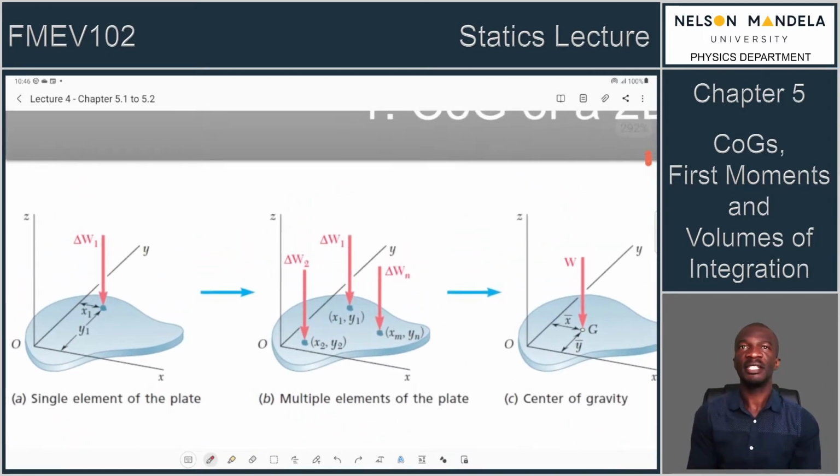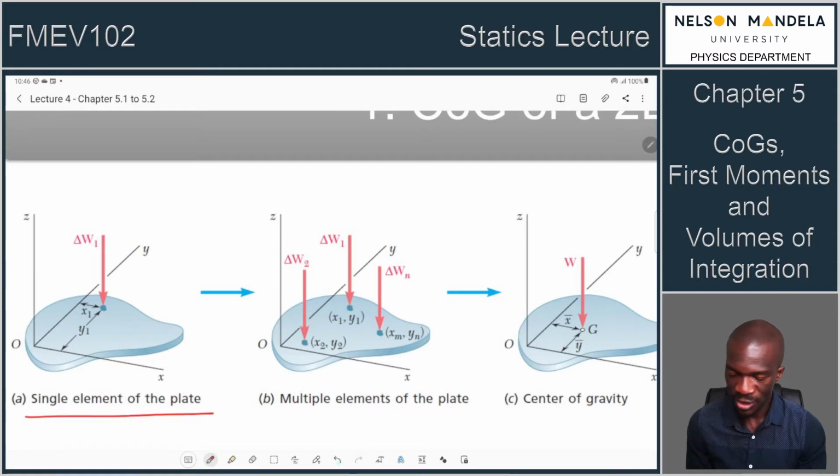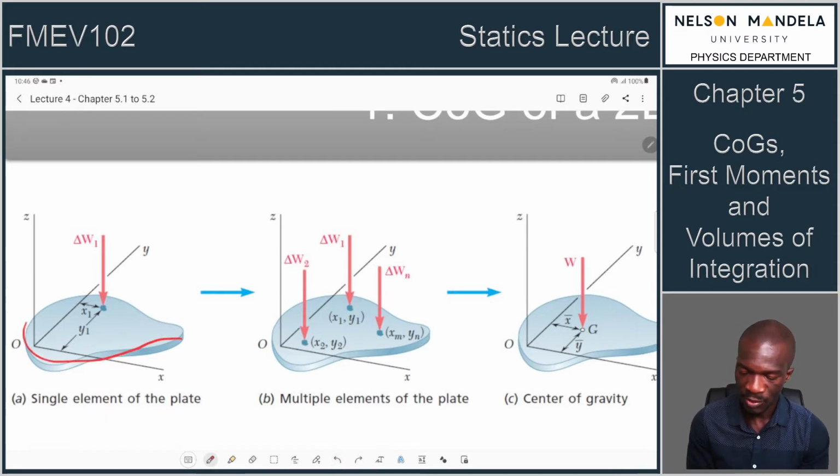Remember, a rigid body is an object that is made of small particles. We also did some statics of particles. So this body is made of those particles. In this diagram, figure A is showing some body which is placed on the XY axis.